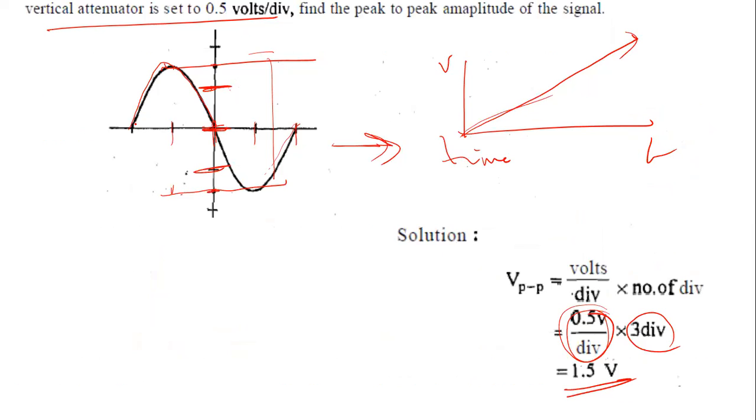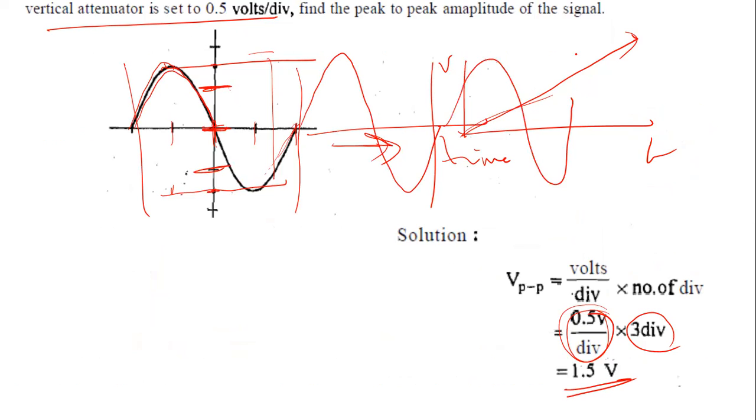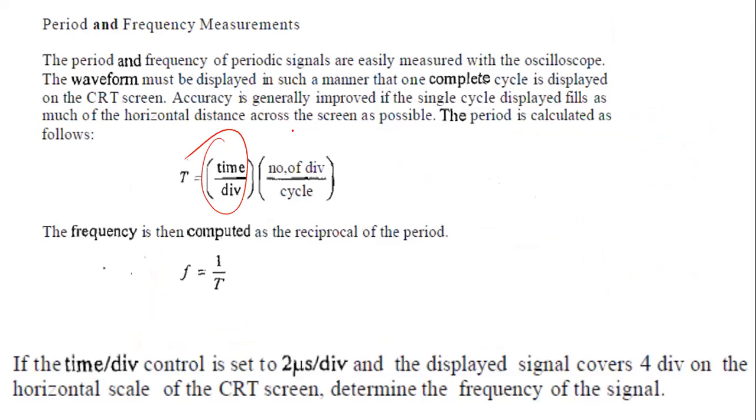So this is one cycle of a wave, right? This is one cycle. Another cycle it will repeat again, another cycle it will repeat again, something like this. In one cycle, how many divisions are there? In one cycle, you will find one division, two divisions, three divisions, four divisions. So there are four divisions in one cycle, right?